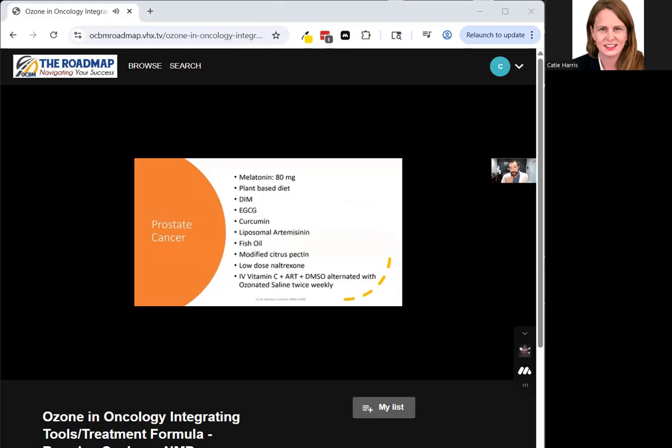So some of the tools that we used: 80 milligrams, which now I would go higher, of melatonin. We actually did put him on a low carb, heavy dense plant-based diet. So low carb, got rid of all the junk, all the grains, heavy amounts of plant-based, cruciferous, vegetable-focused diet strategy.